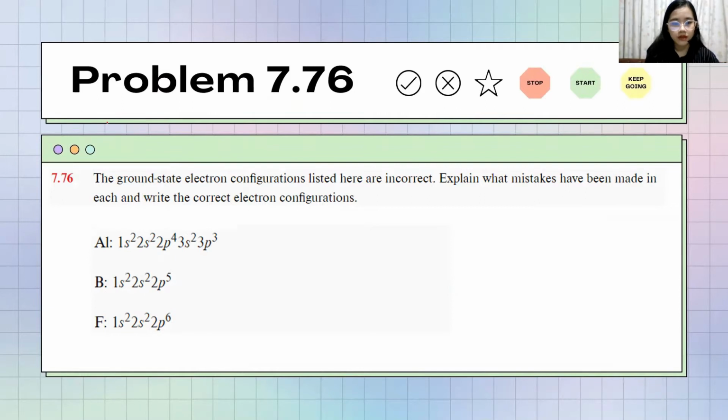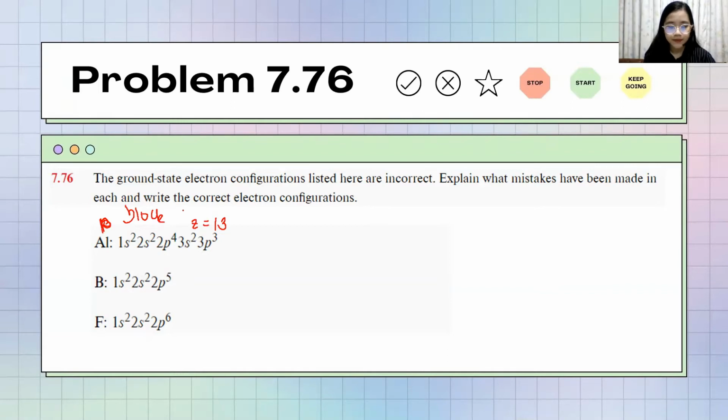Aluminum is part of the P block, and its atomic number is 13. Since this electron configuration is in ground state, no ions is indicated. One way to see if the electron configuration of an element is correct is by comparing its atomic number and electrons.